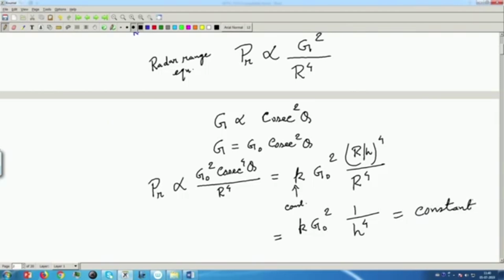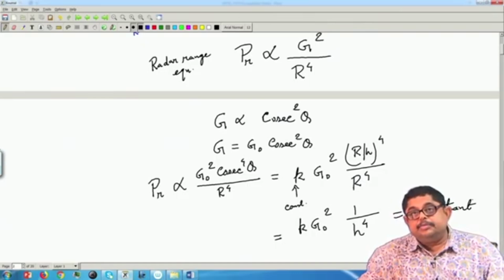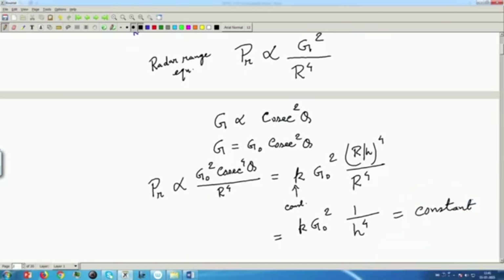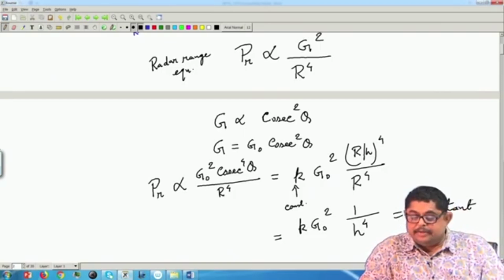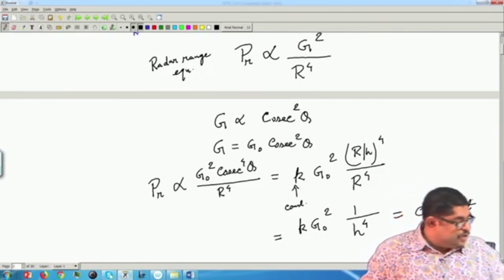So, this is the advantage: if we choose the antenna's radiation pattern or gain pattern to be cosec square theta, then whatever may be the elevation angle, the power received is always the same.